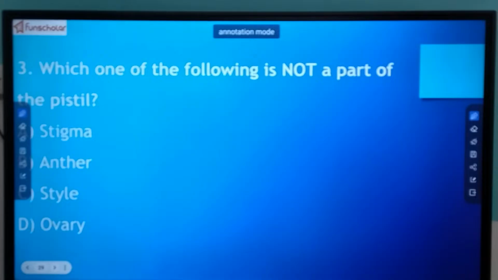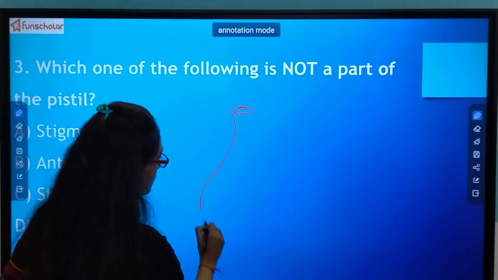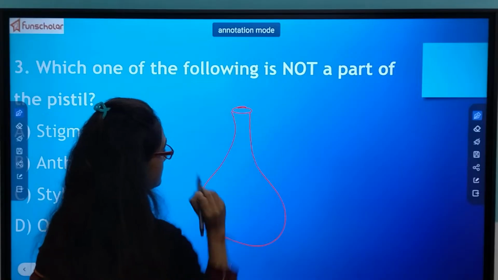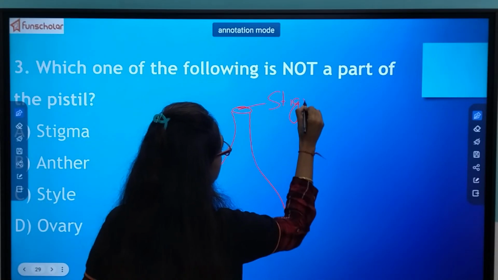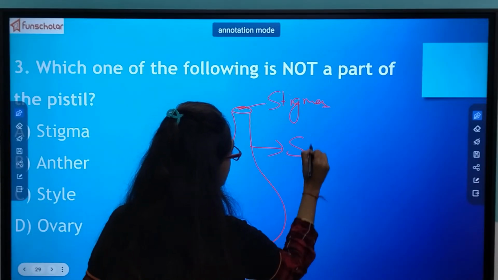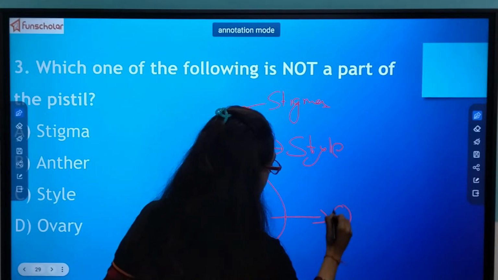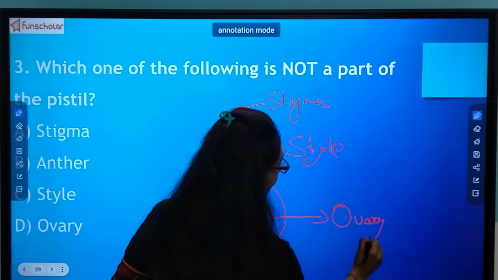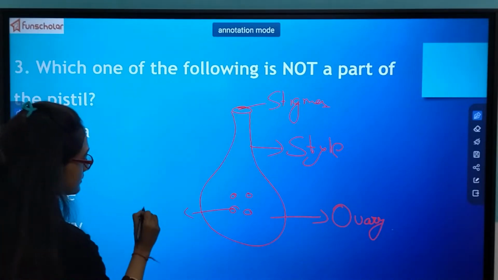Which one of the following is not a part of the pistil? So, this is the structure of a pistil, right? This is the stigma, and this elongated part is the style, and this flask-like structure is the ovary, where egg cells are present, right?